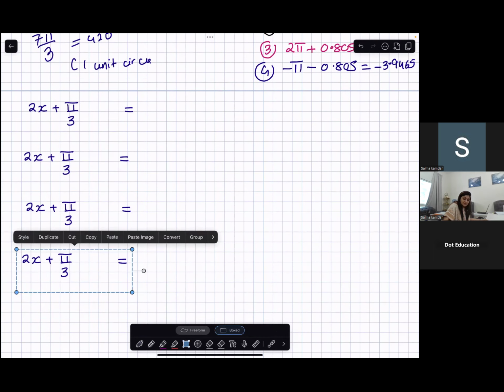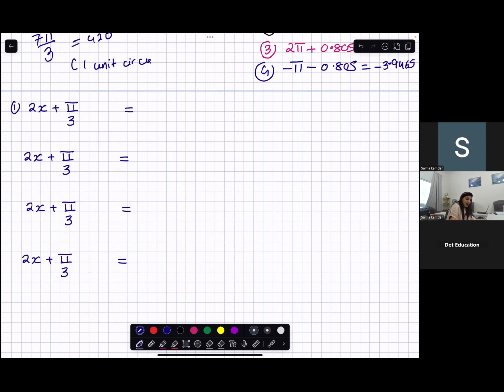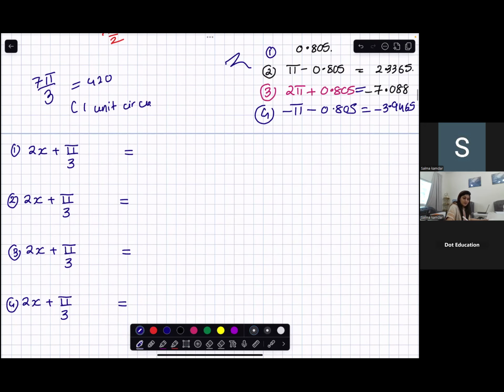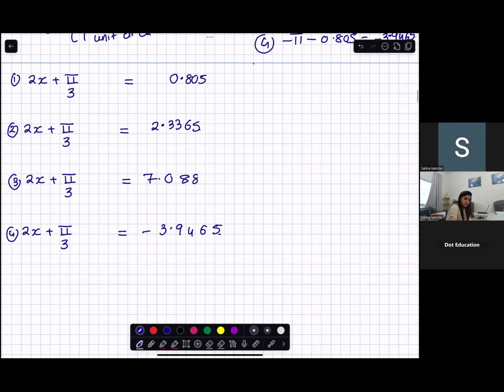These are the four values that I have: 1, 2, 3, and 4, which are 0.805, 2.3365, 7.088, and minus 3.9465. This all is the value for 2x plus pi by 3.